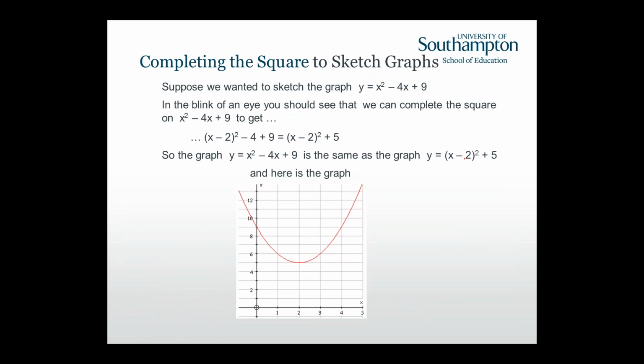Because it's minus 2, it's the opposite to what you think. It's not moved in the negative direction, it's actually moved 2 to the right. So the vertex would have been at 0, 0, but it's been moved 2 to the right and then up 5. So the vertex is now at the point 2, 5.